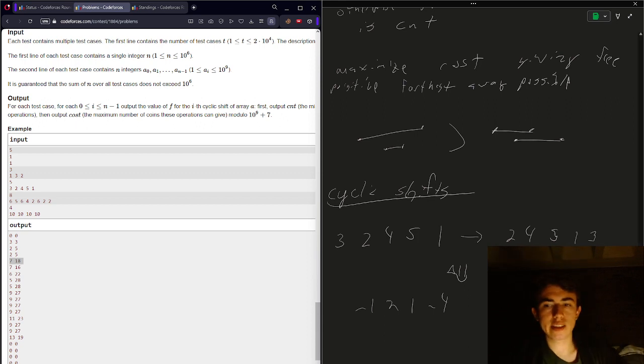We just delete the first value and add the new one to the end. Okay, that is easy enough.